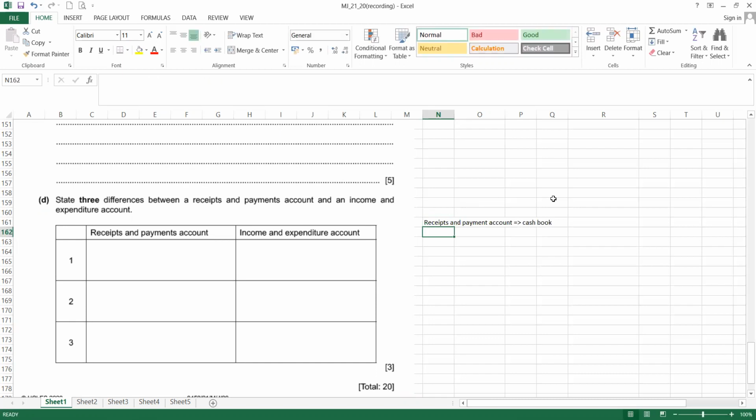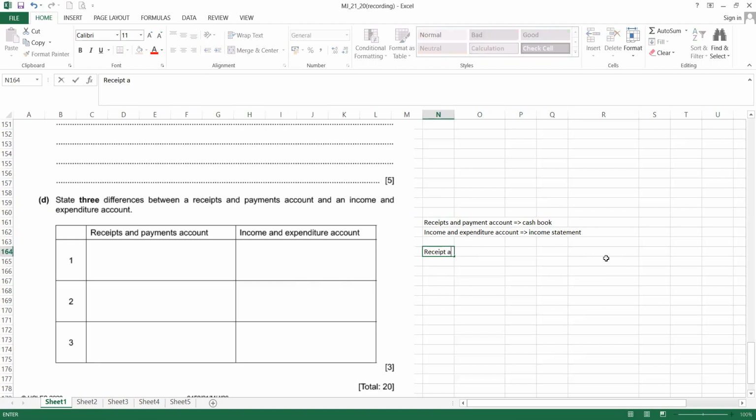In other businesses, income and expenditure account is actually our normal business income statement. So you try to remember what is the feature of the cash book, what is the feature of the income statement. They ask for the differences, so we can use the cash book and the income statement points to answer it.